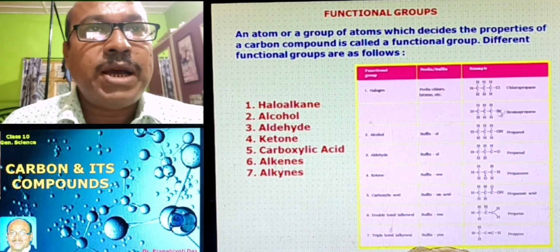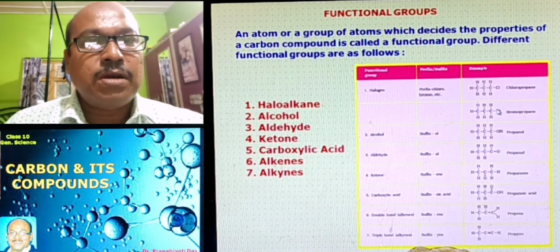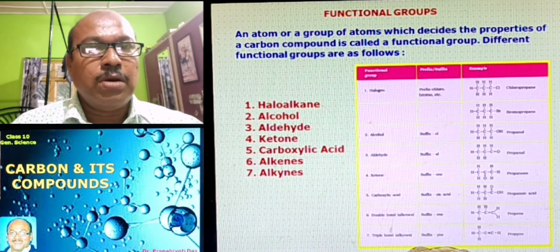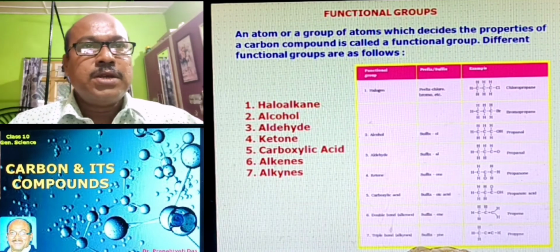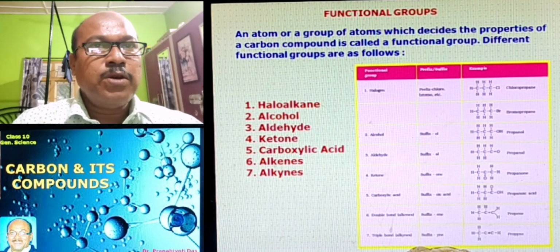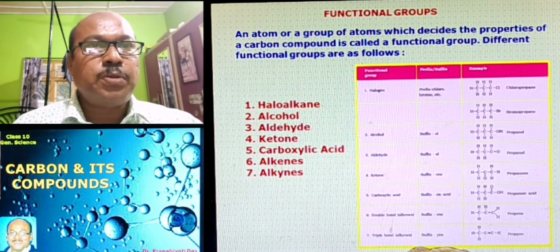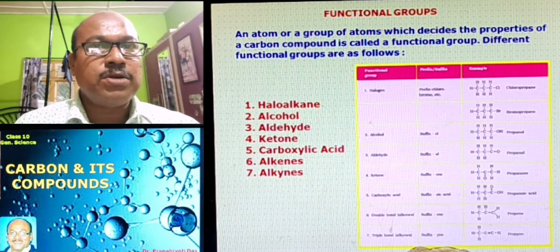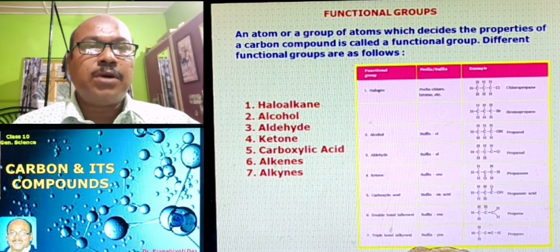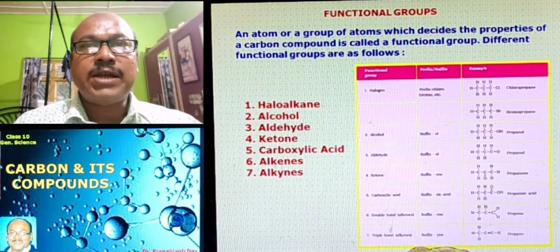The alcohol group has come, and then this will not remain as ethane gas, but it will become ethyl alcohol, also called ethanol. Simply one hydrogen is replaced by a group of atoms, the OH group. So from ethane, which was a gas, it turns into an alcohol, ethanol.